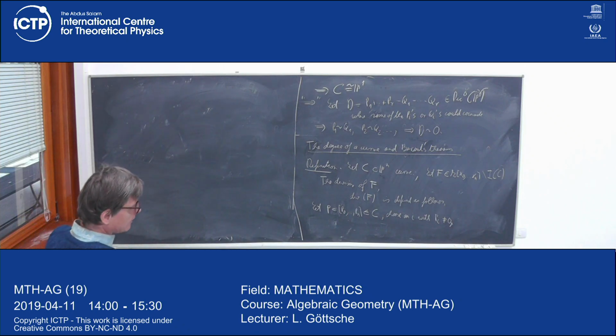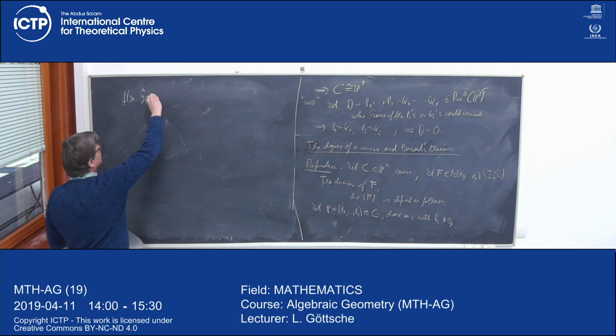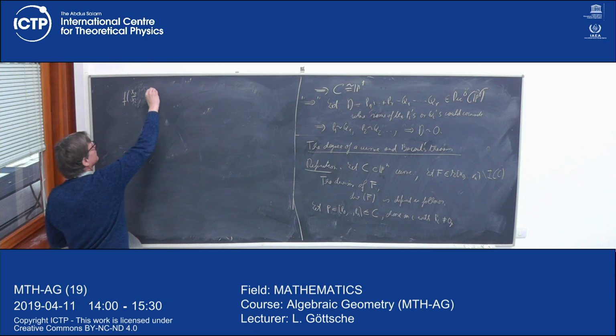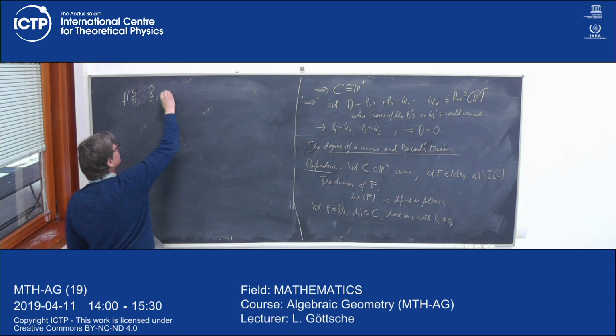So we consider f of x0 divided by xi, until xn divided by xi, where it doesn't depend on the ith entry.